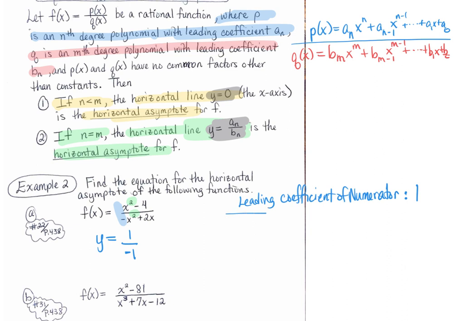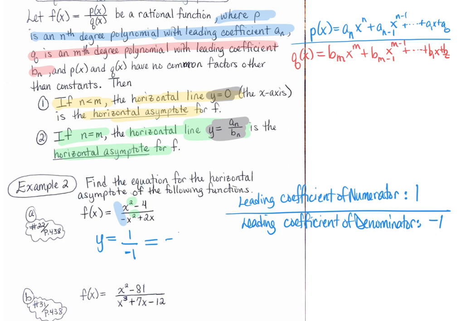What's the leading coefficient of the denominator? Negative 1. Good. So y equals 1 over negative 1, which is what? Negative 1.